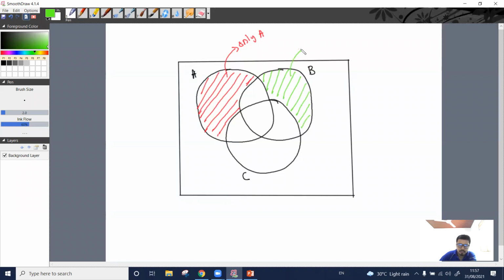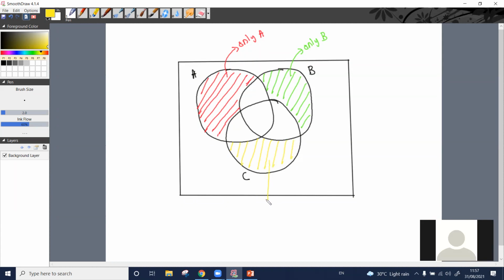This is the area belongs only to B. And what about this? Only C. This is the area belongs only to C. The part that belongs only to C. Right.